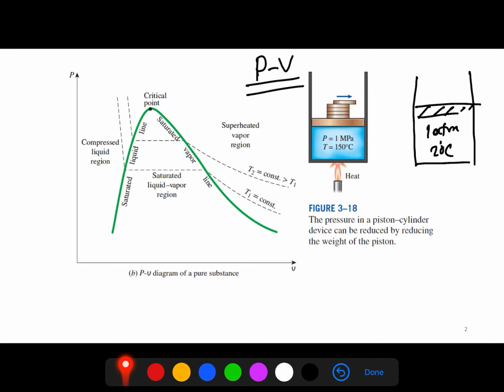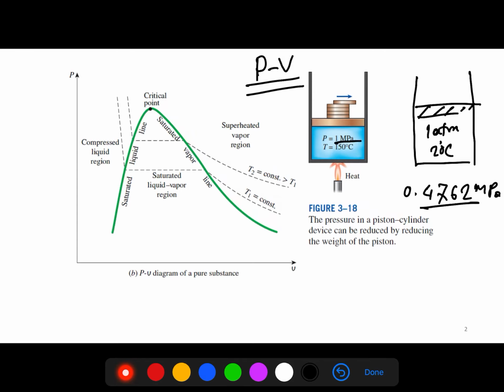And when the pressure reaches the saturation pressure value, which for this case is 0.4762 MPa.